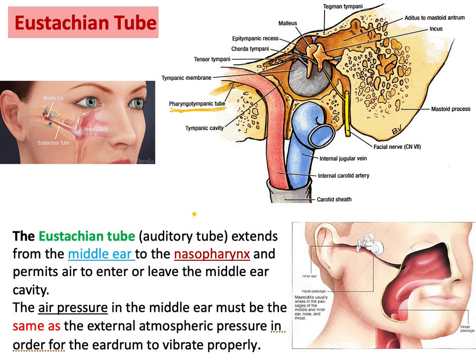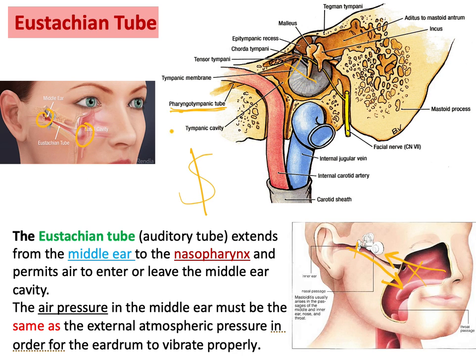The Eustachian tube extends from the middle ear to the nasopharynx, which is very important. That means it permits air to get in and also leave the middle ear cavity. So it's a connection between the nasopharynx and the middle ear.